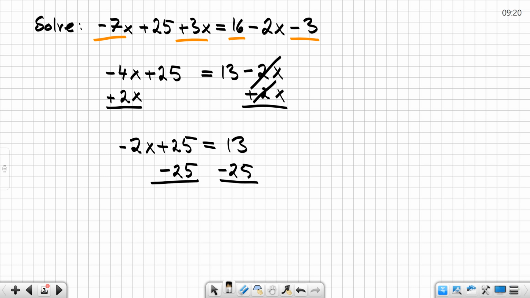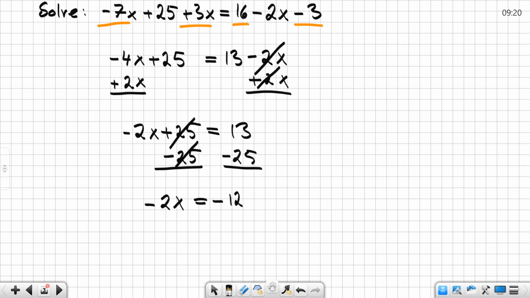And how do I get positive 25 to the other side? By subtracting 25 from both sides. So I have a negative 2x is equal to 13 minus 25. Let's see, that would be negative 12. Do not use your calculator for calculations like this.